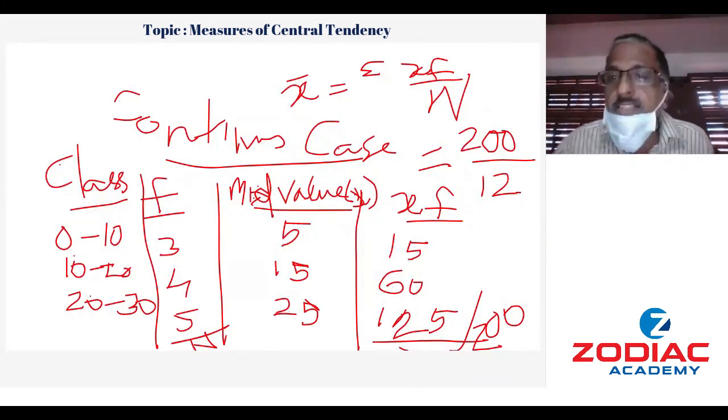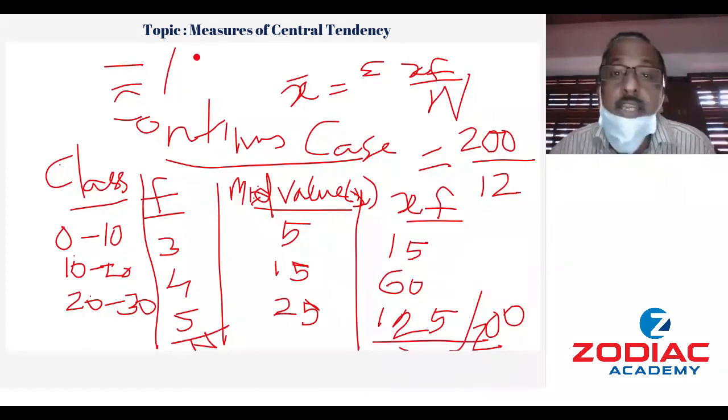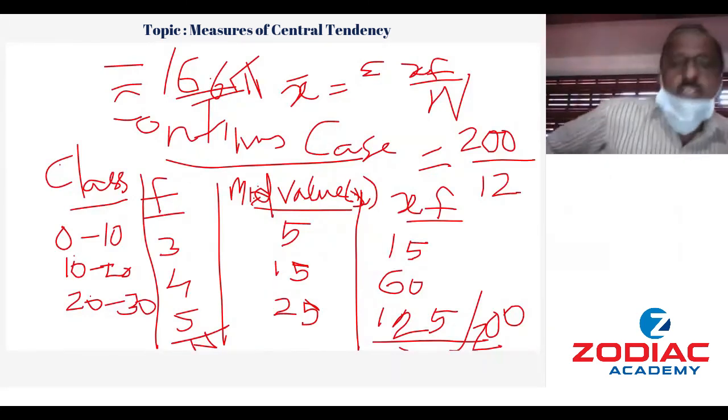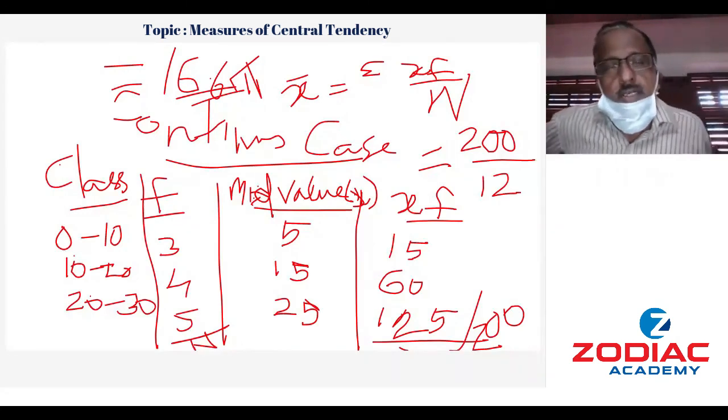The answer is 16.6. So this is the third case of arithmetic mean.